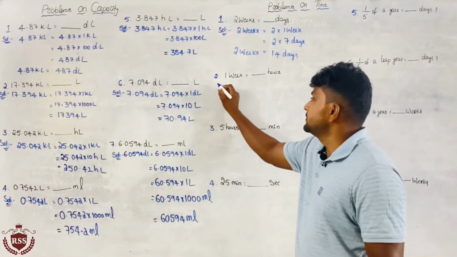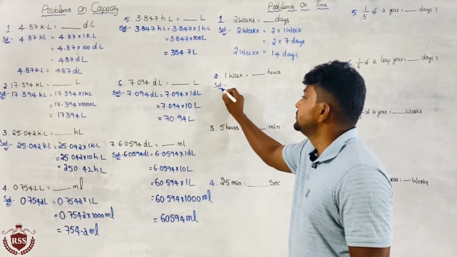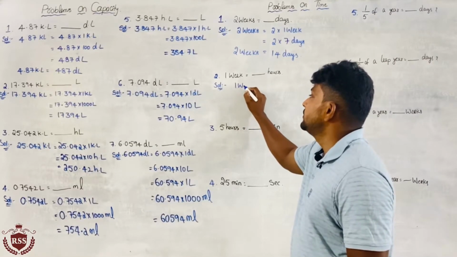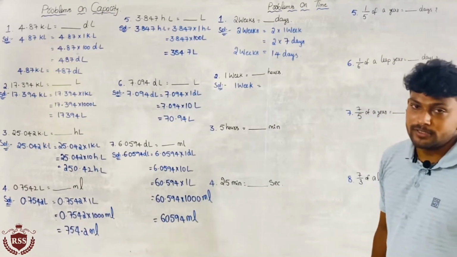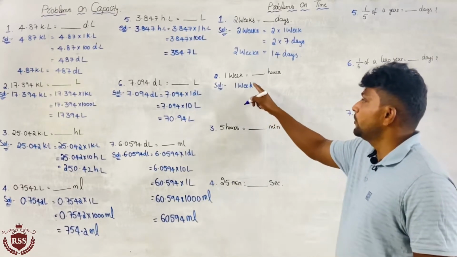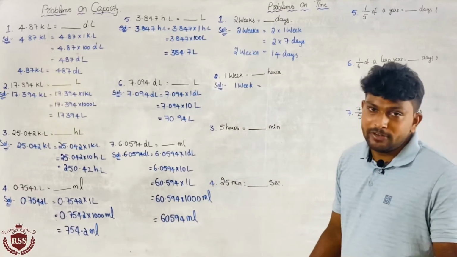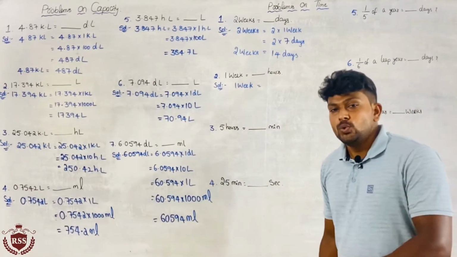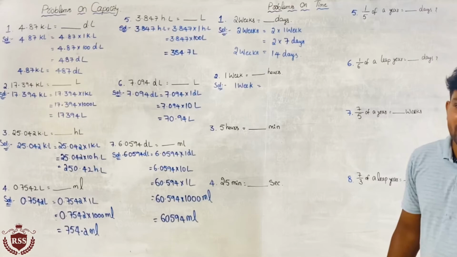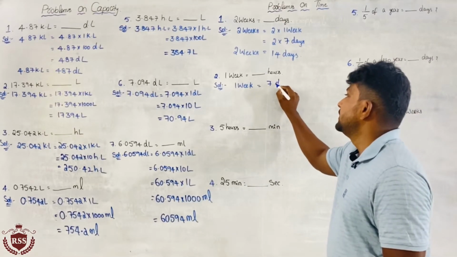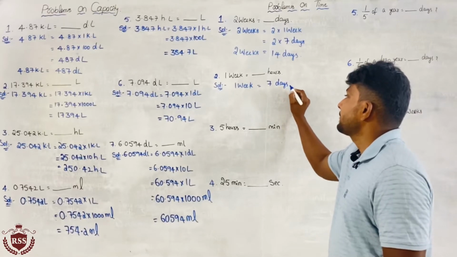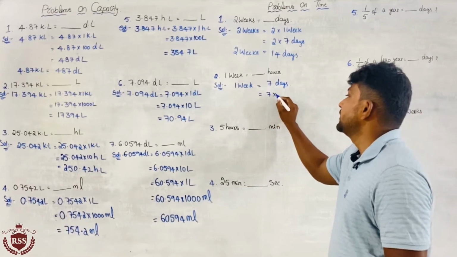Now the next one. 1 week equals dash hours. In 1 week, how many hours are there? First of all, we don't know a week in terms of hours, so we need to convert the week into days, and those days will be converted into hours. 1 week equals 7 days, so 7 into 1 day.